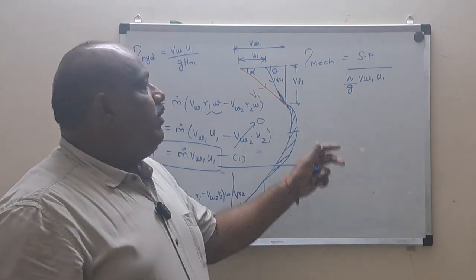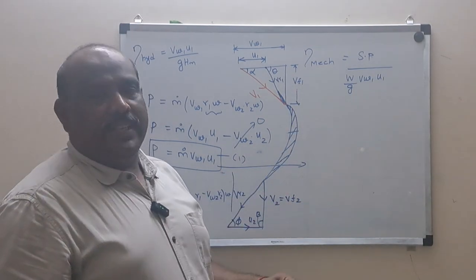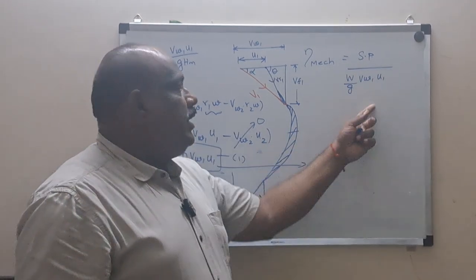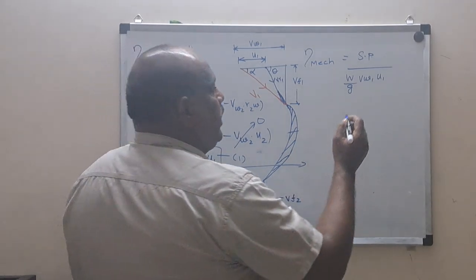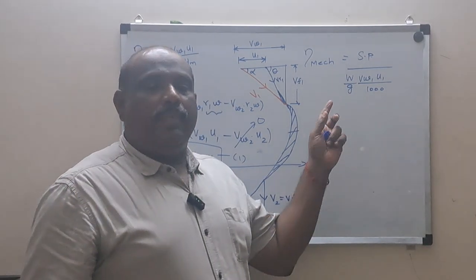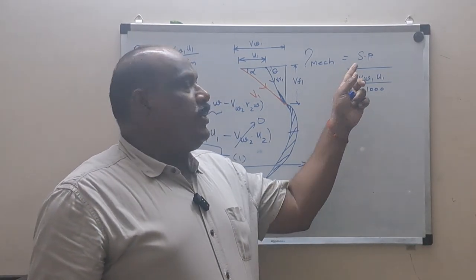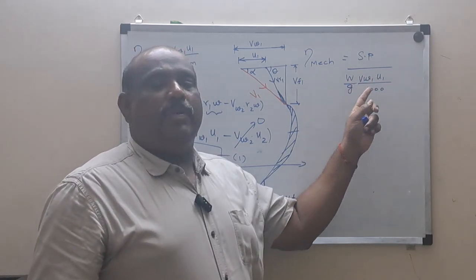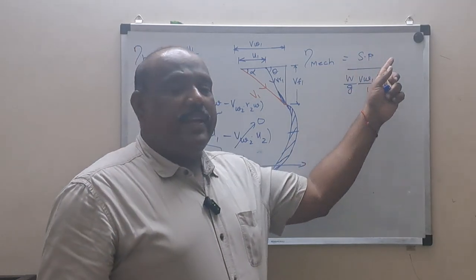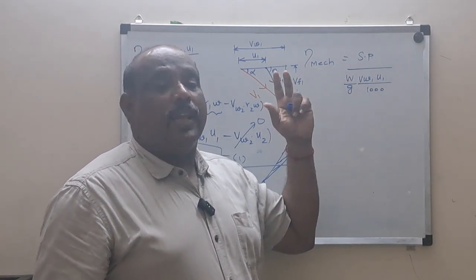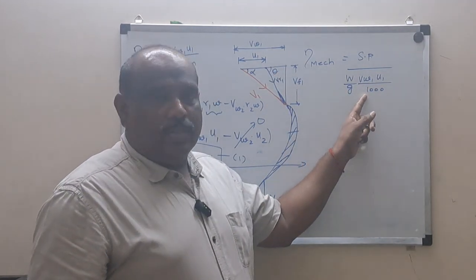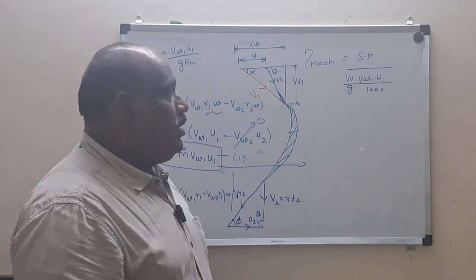Generally, when you substitute the shaft power in the mechanical efficiency formula, it has to be in kilowatts, which means the denominator should also be in kilowatts. But it is already in watts, so to convert it into kilowatts I divide by 1000. So both now become kilowatts.